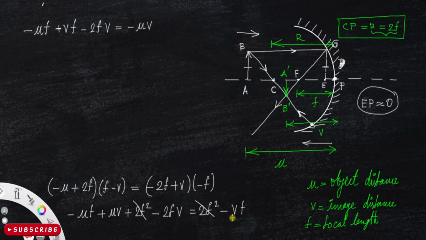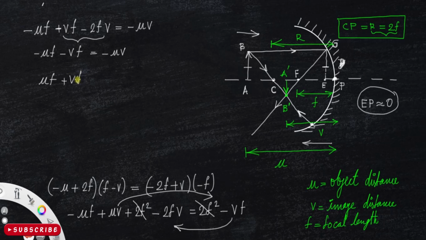Clear? I just took the VF to the left hand side and UV to the right hand side. Now VF minus 2FV is minus VF, equal to minus UV. You can cancel all the negatives, so that UF plus VF is equal to UV, and if you take F as common, it will be F into U plus V equal to UV.